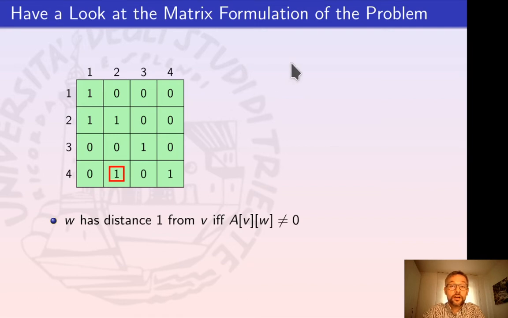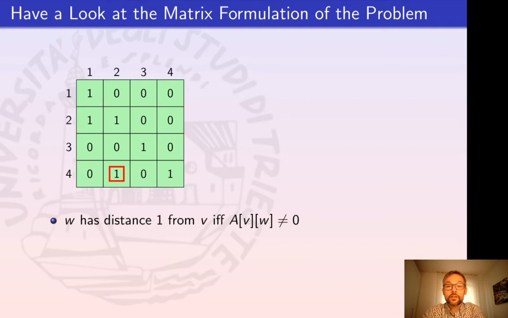Every 0 represents the lack of an edge between a node and another node. A 1 represents the presence of an edge. So for instance, for this matrix we can see that there is a self loop on 1 itself. There is an edge between 2 and 1, and so on and so forth. We already saw how to represent a graph by matrices. This is just a kind of recap.